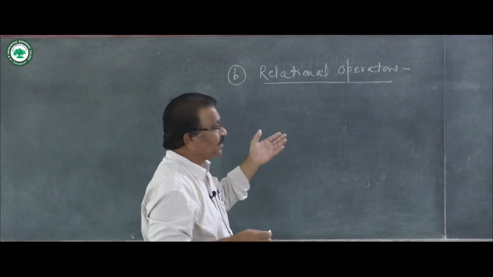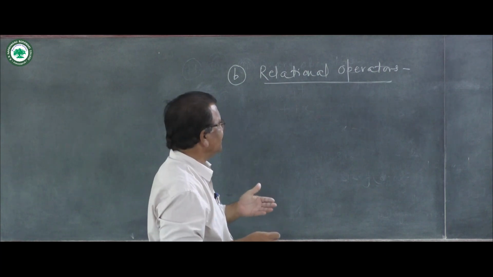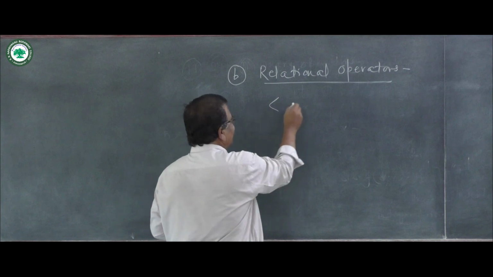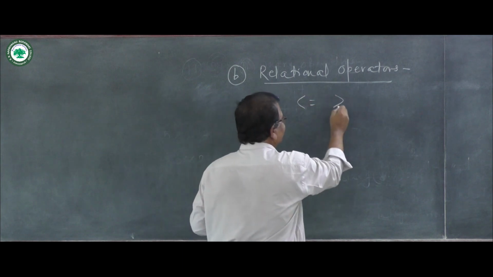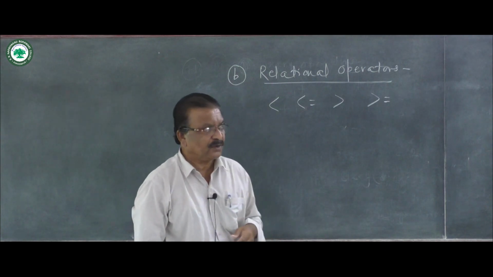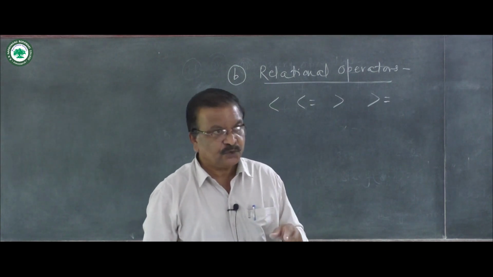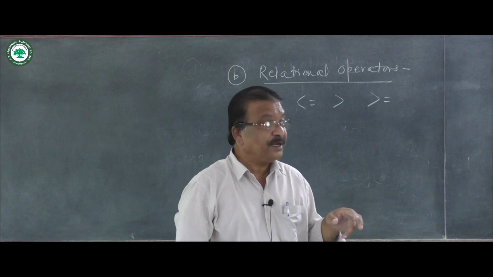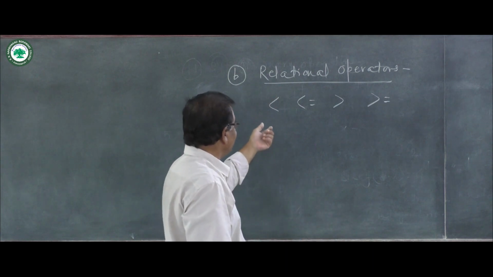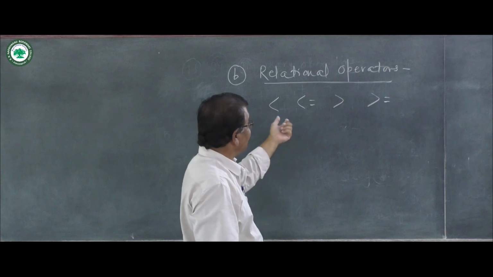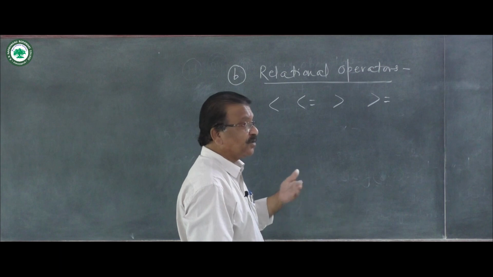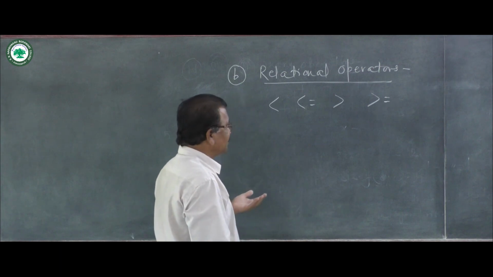There are 4 very commonly used relational operators in C: less than, less than or equal to, greater than, greater than or equal to. These are used to test the relation between 2 operands or 2 data items, and the result of all these relational expressions would be either true or false, 1 or 0, or yes or no.